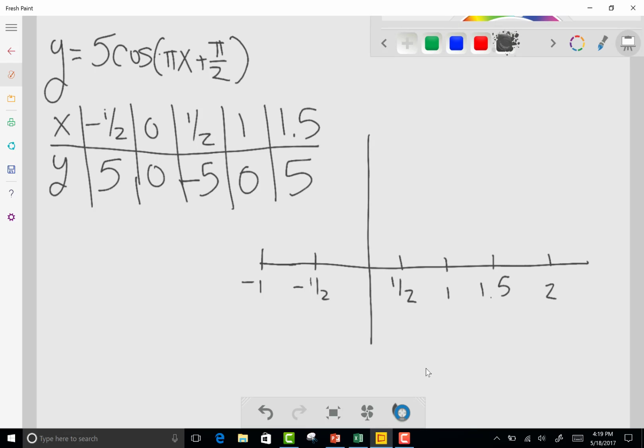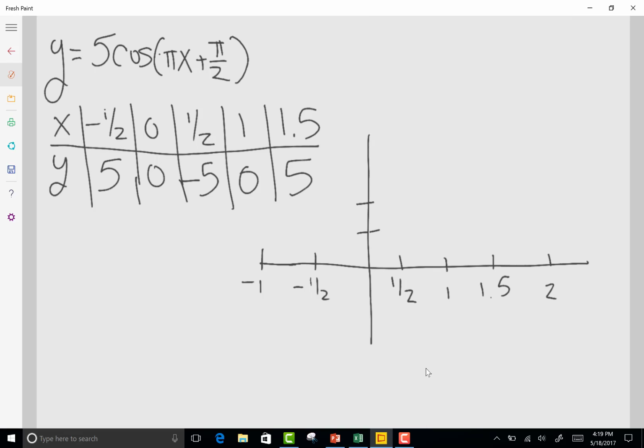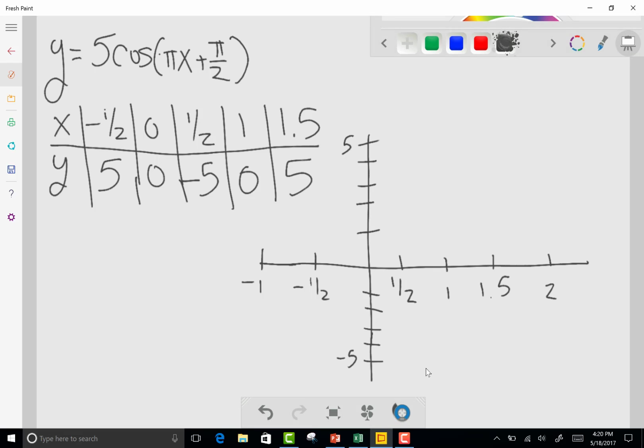I need to come up to 5 since I know my maximum point is 5. And I need to come down to -5. Okay, so when I plot -1/2, I have to start at my highest point. Let's do this in a different color so it's easier to see.